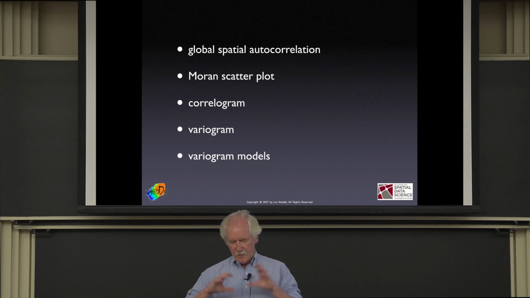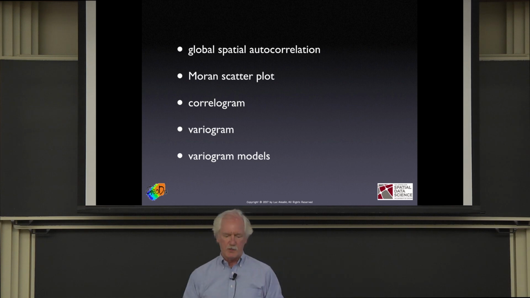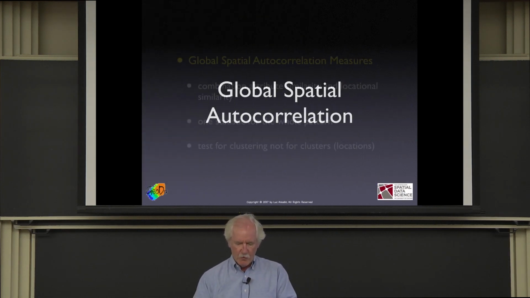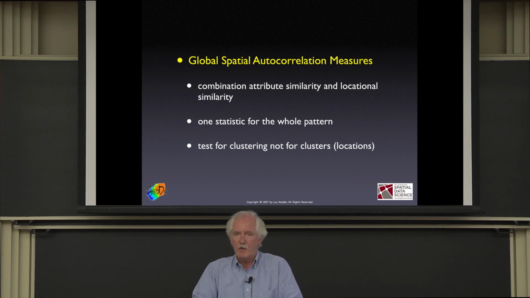These are all, if you wish, different faces of spatial autocorrelation. They all deal with the same problem: how to combine attribute similarity and location similarity in some kind of a summary way. We saw this a couple of times already. One statistic for the whole pattern, and very importantly, not clusters, but clustering.